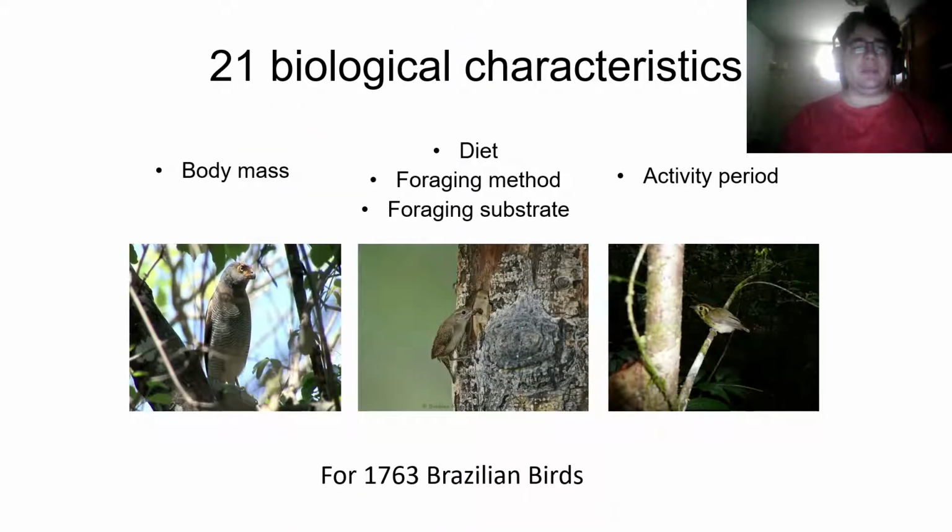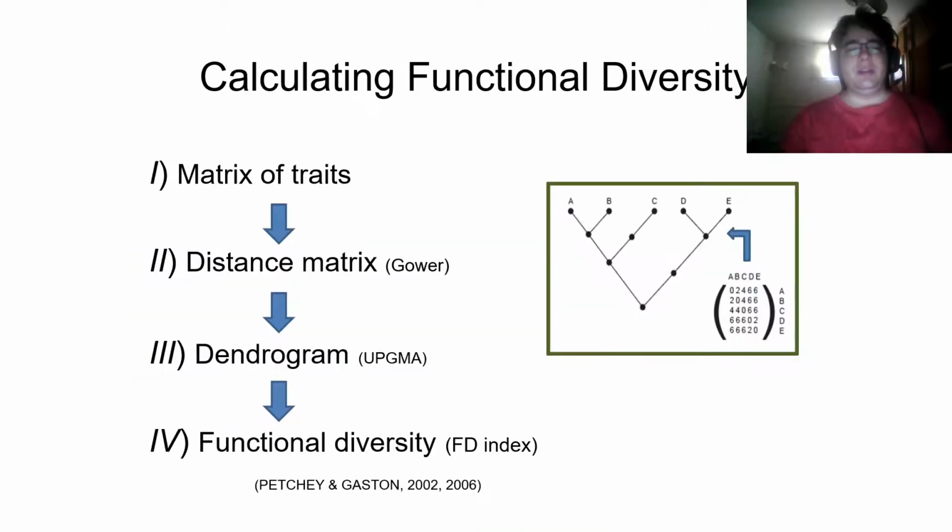We got some biological characteristics of all birds of Brazil, and we calculated functional diversity using the FD index after creating a distance matrix with Gower distance and a functional dendrogram using the UPGMA method.